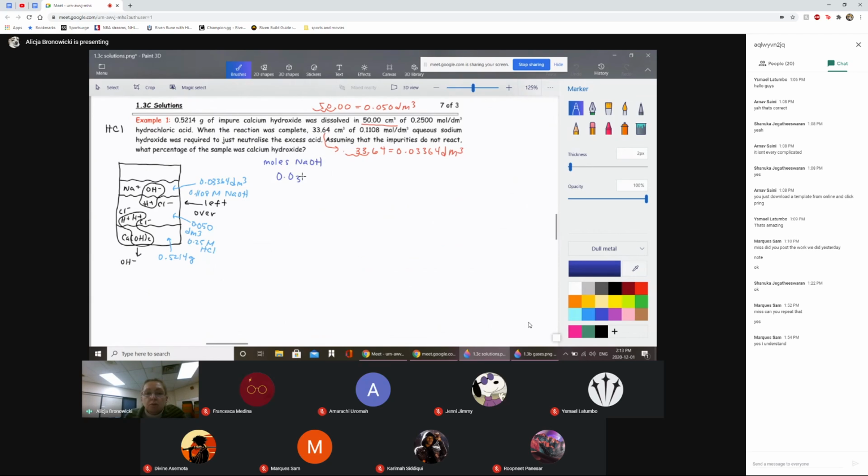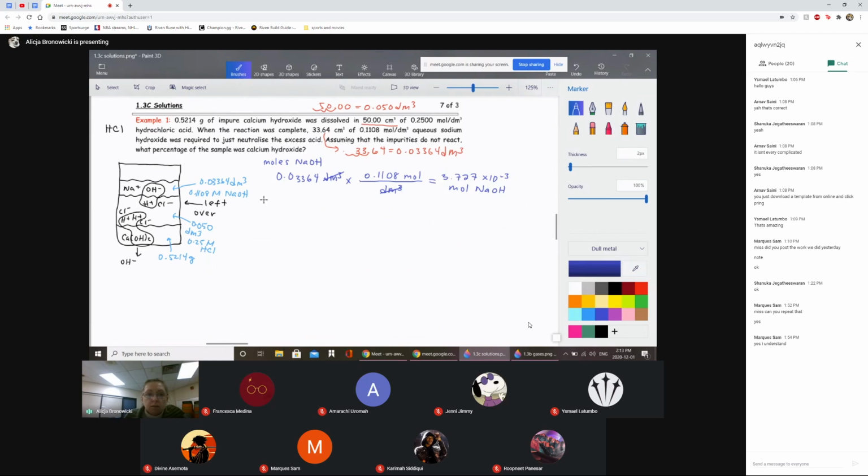I have 0.03364 liters times 0.118 mole per liter equals 3.727 times 10 to the minus 3 moles of sodium hydroxide. Okay, so that's how many moles of sodium hydroxide.